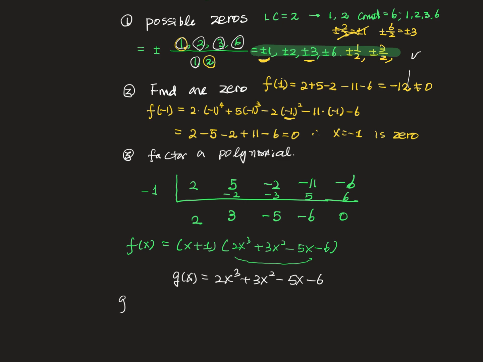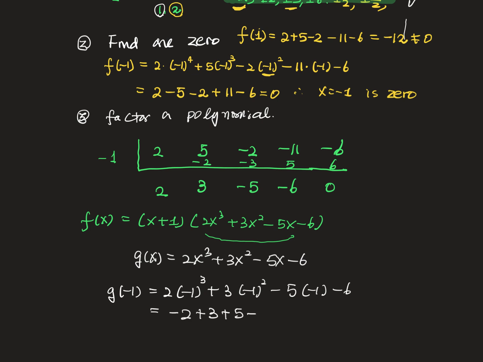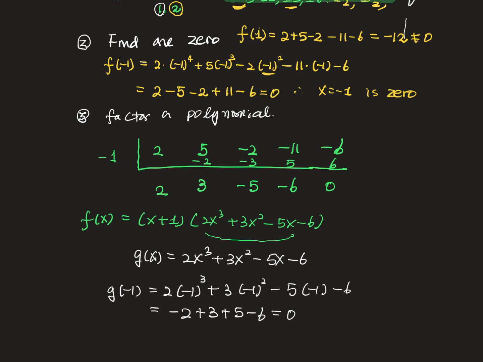So let's do g of negative 1 first. 2 negative 1 cubed plus 3 negative 1 squared minus 5 negative 1 minus 6. We're going to do negative 2 plus 3 plus 5 minus 6. That's the 0. You find another one.